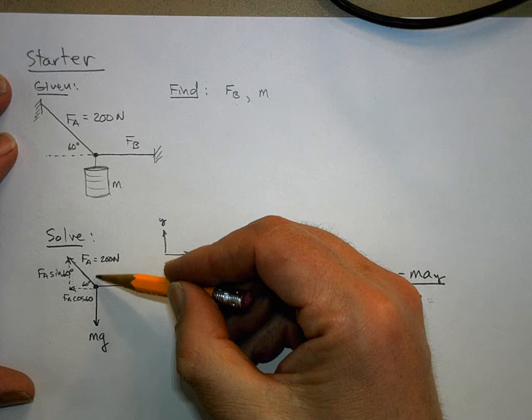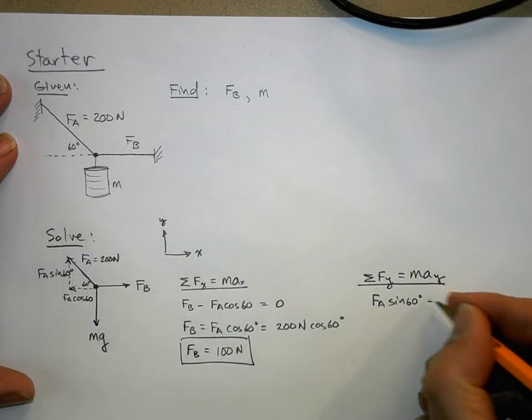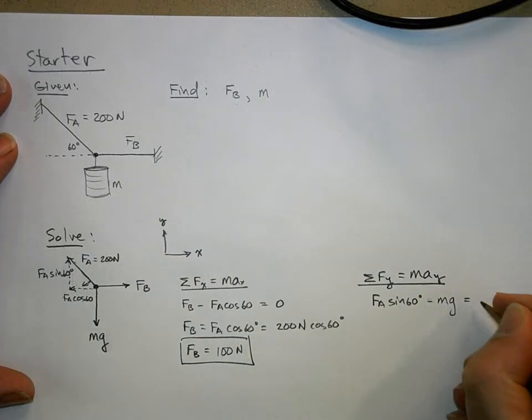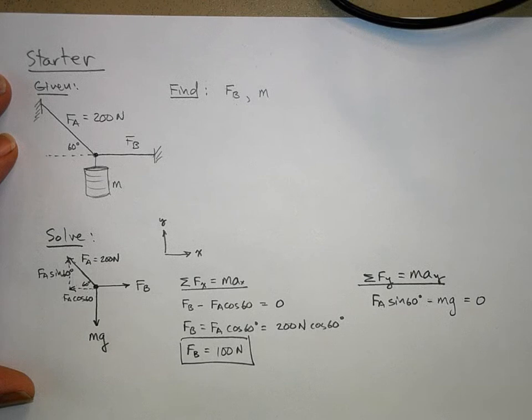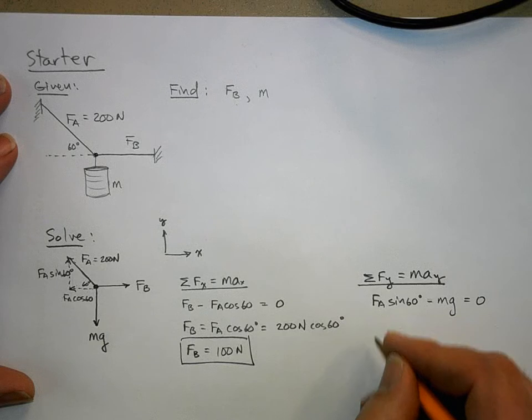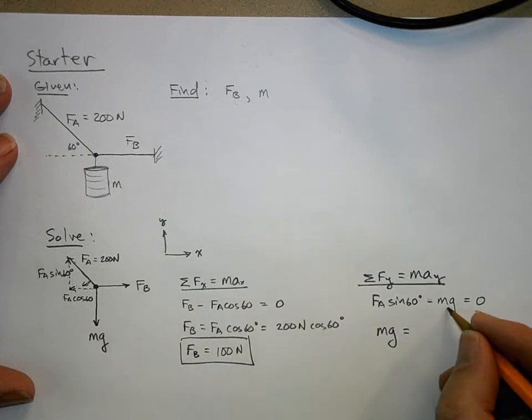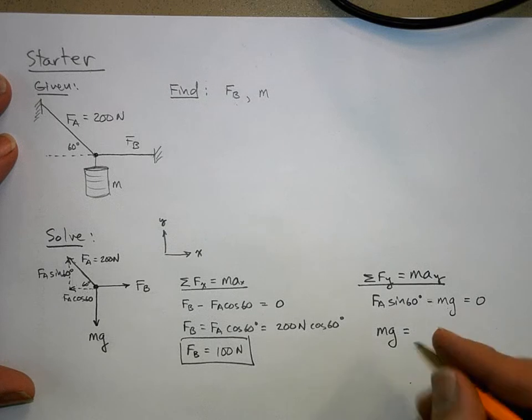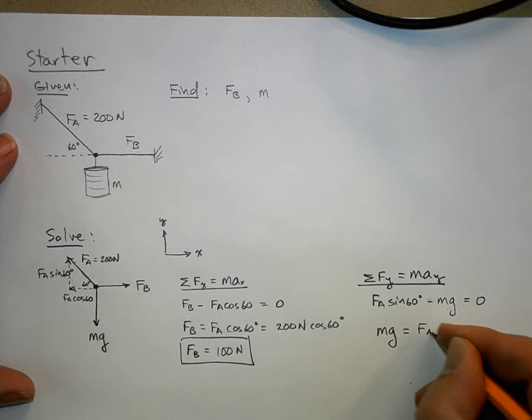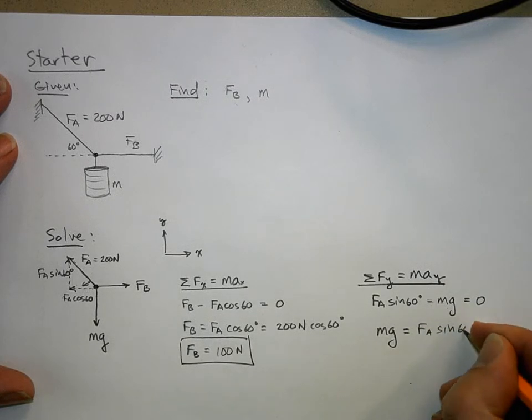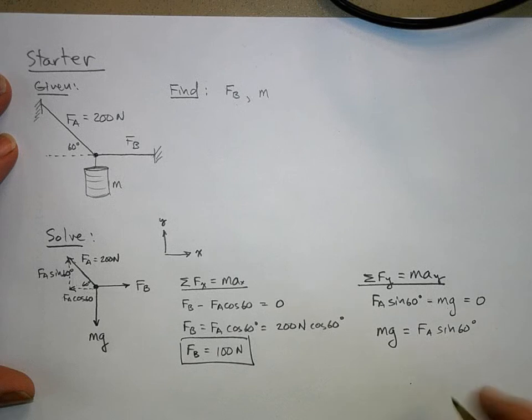This is the only upward force, and then we have this downward force, mg. And that's equal to 0. And this allows me to solve for m. I'm going to add it to the other side, so mg equals FA sine 60, we'll put this on the other side and then just switch the order. Now just divide by g.